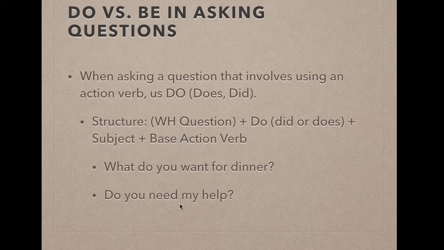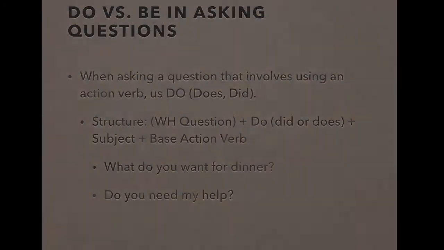And then, of course, need has to have an object because you need something, right? So we're going to put an object after that. But the base form of asking the question, which has an action verb, is do plus the subject plus the action verb itself in its base form. Why is it in its base form? Because the do here takes any of the tense. All right, that's using do. Let's take a look at the next slide where we're looking at the be.